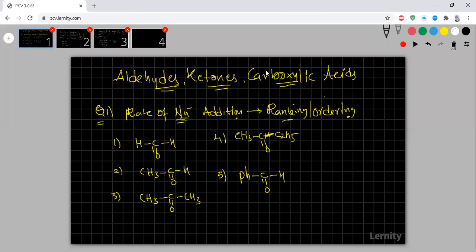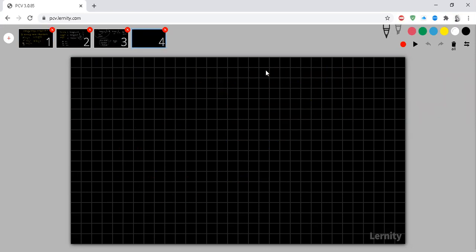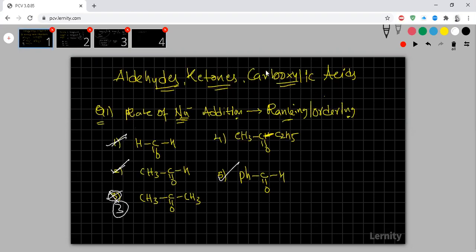So in the given options, the first one is aldehyde, second one is aldehyde, third one is ketone. Sorry, this is ketone, right? First one aldehyde, second one aldehyde, and the fifth one is also aldehyde. So in this, 1 greater than 2 greater than 5, and next one is ketones. Here two methyl groups and here methyl and ethyl groups.